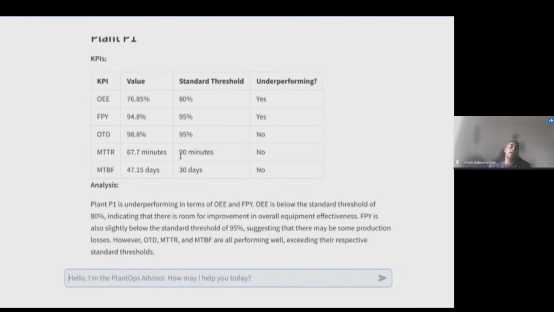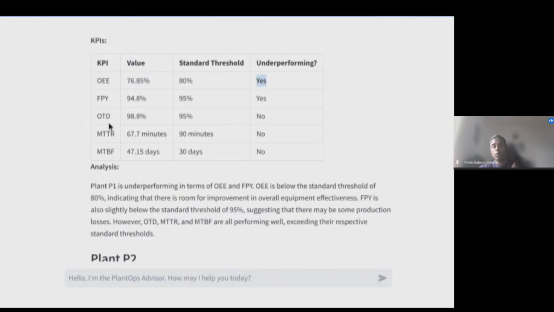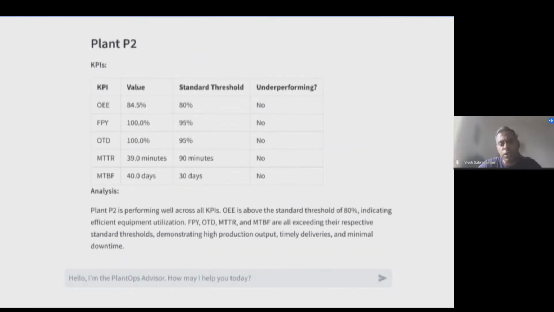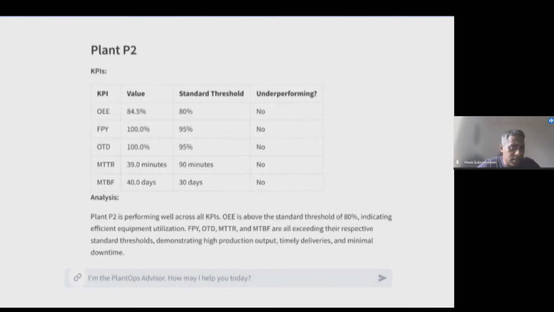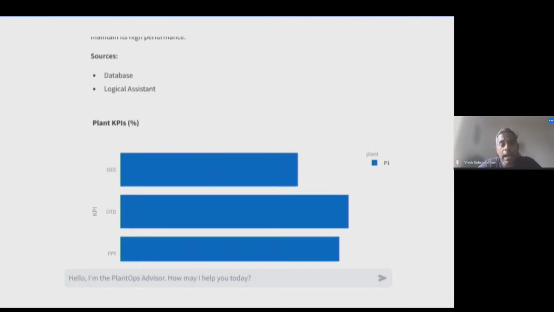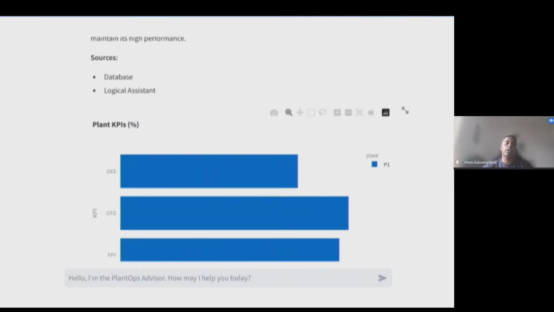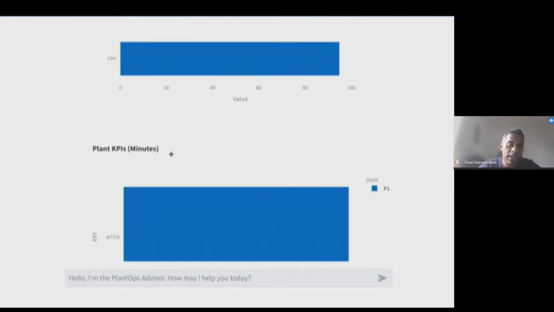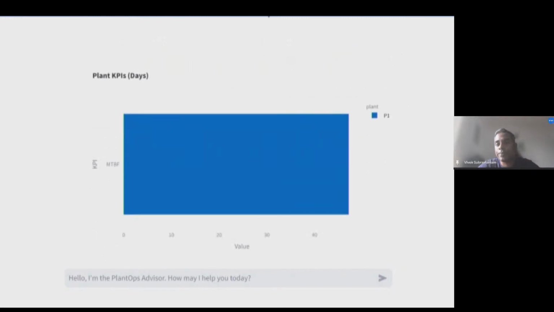Again, these values are coming in from the enterprise data warehouse, which is BigQuery. It has done a comparison and it has identified what is performing well and what is not performing. In this case, OEE and FPY seem to be underperforming, while the other KPIs seem to be doing pretty okay, right? Similarly, it's done the same analysis for plant P2, after which it provides certain visualizations and commentary on top of it, right?